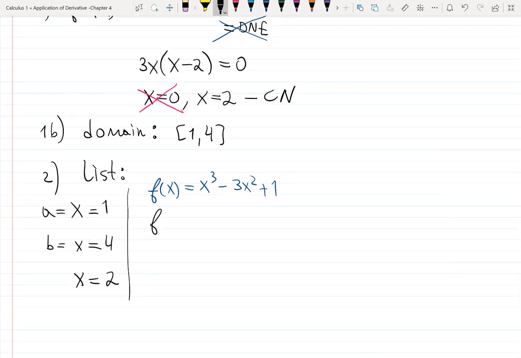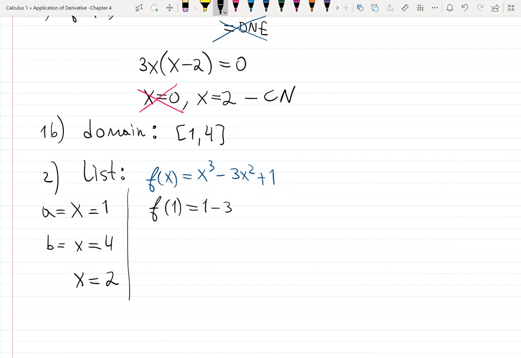Then f at 1 is 1 minus 3 plus 1, which is 2 minus 3, which is negative 1. Nice. f at 4, calculate carefully, is 4 cubed minus 3 times 4 squared plus 1.